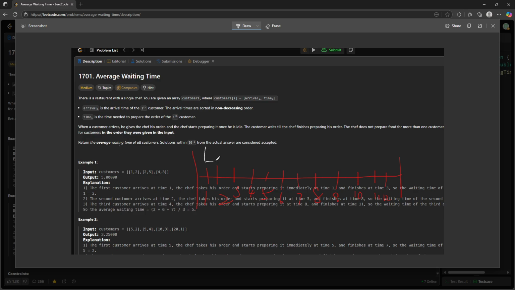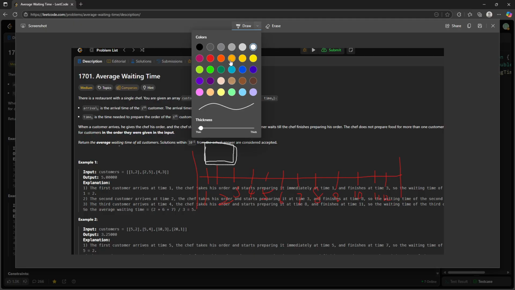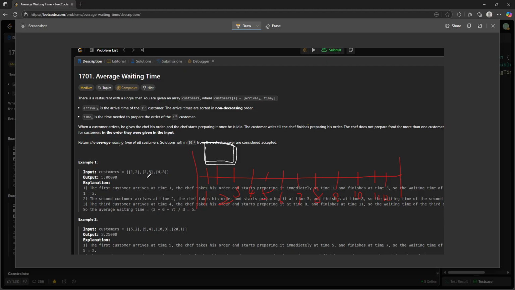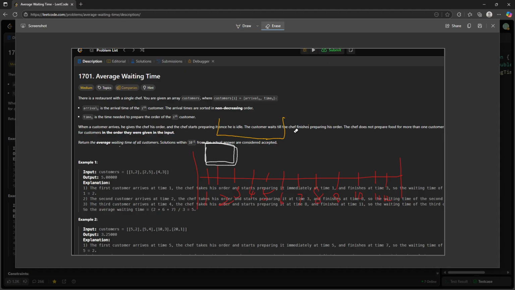So 1 plus 2 is the total time that the chef will complete the food. And the second customer arrived at time 2, and the time it takes is 5, right? So 2 plus 5 would be 7.